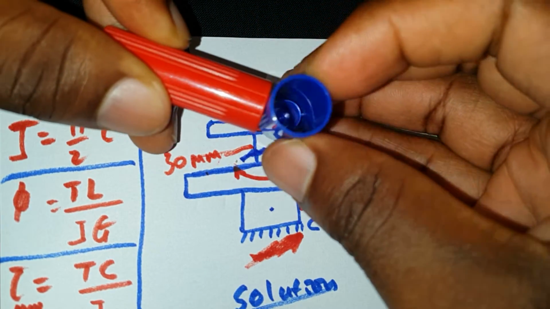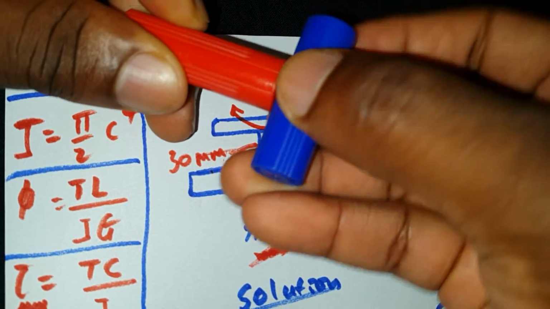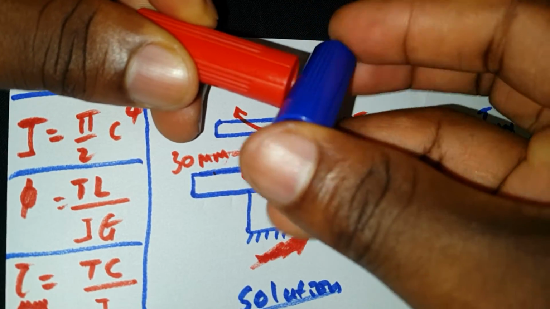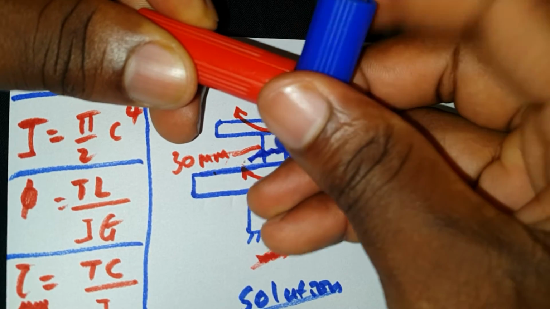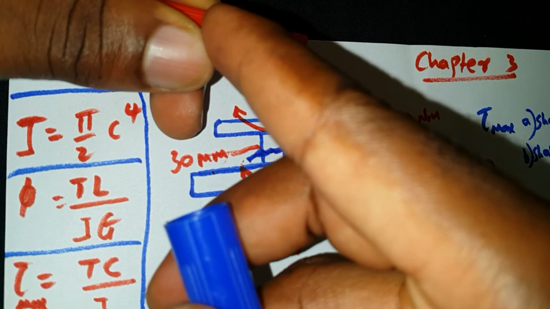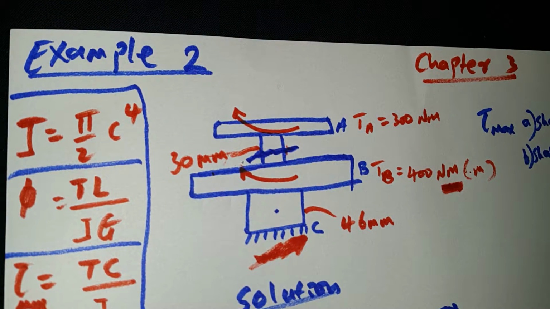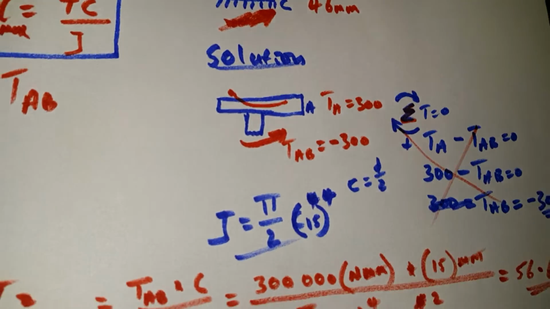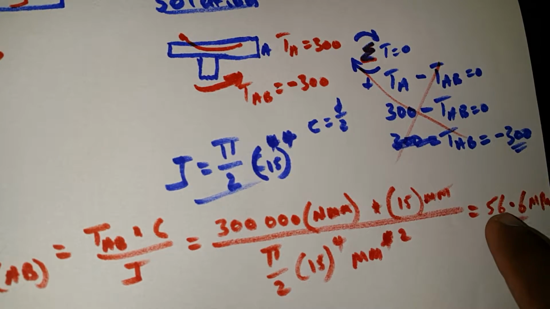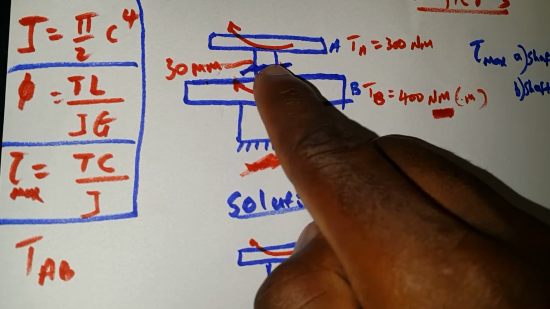So what we are saying is this is like this, then we apply torque in this direction. If you are applying it like this, it's going round like this, what will be the maximum shear stress, so that at a point the thing will deform to have a cut. So that is what we find, that the maximum shear stress is 56.6. So after you get 56.6, this member here will cut off, like we've shown it here.